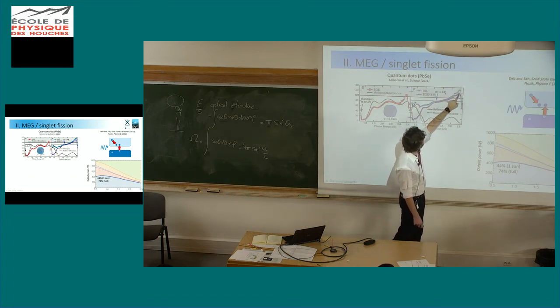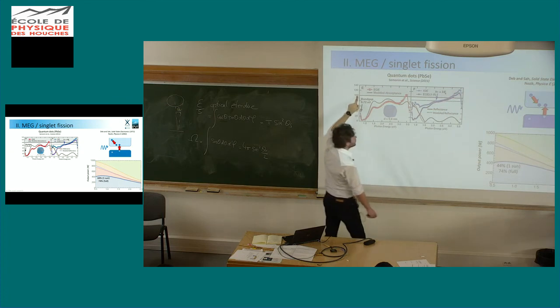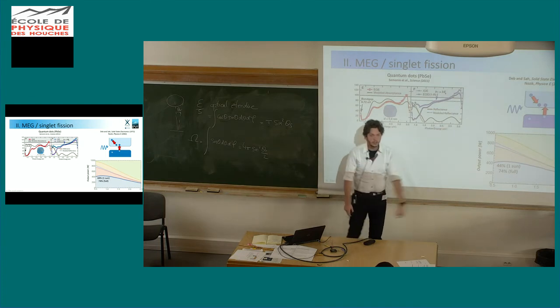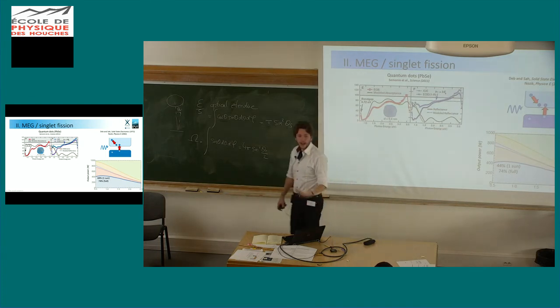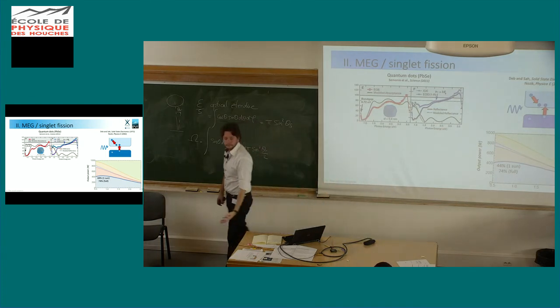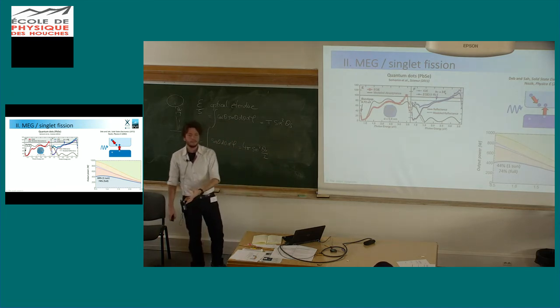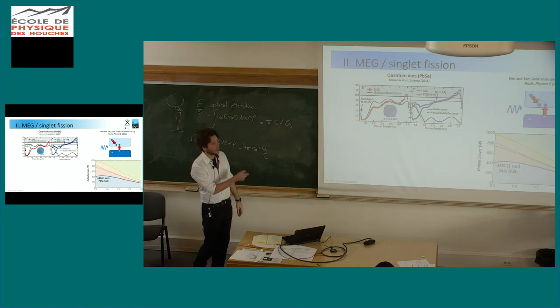You see that it goes above 100%. What does it mean? It means that for one photon which you send at this energy, you can get more than one electron out of the system at the end of the day. So you did manage to get more than one charge per photon, which is the whole point of these things.